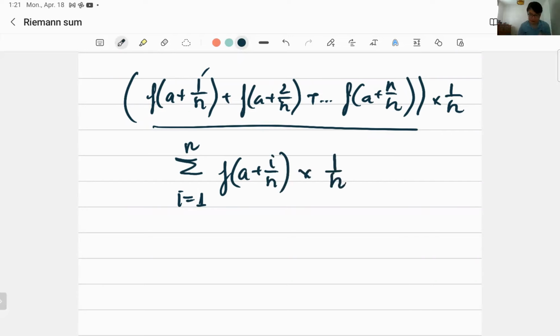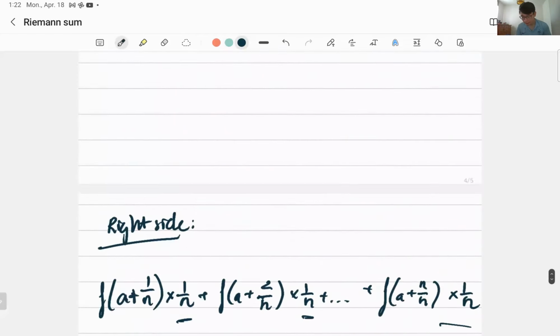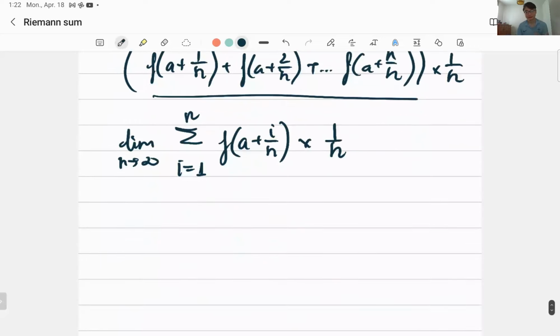Now, of course, I'm going to write the limit as n goes to infinity to show that, again, the idea is the more rectangles, the more precise the area. Of course, if I keep adding rectangles, I have to add to infinity to get the right area under the curve. All right. So this is the idea of the Riemann sum.